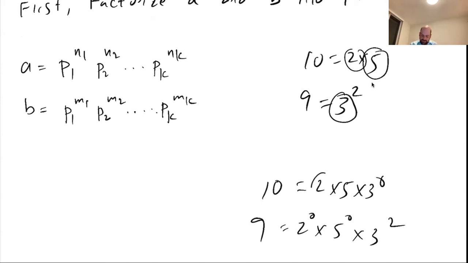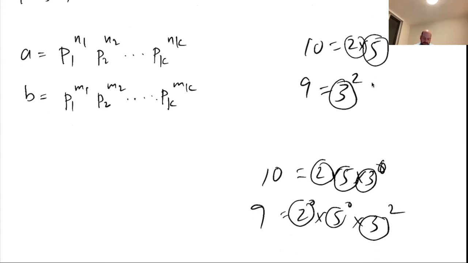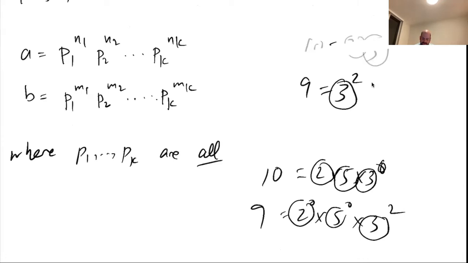Right? Now see these numbers, 253, 253. I can write it in this form because I allow power 0 for my prime numbers. Okay, so here I have to mention that where P1 to Pk are all prime numbers, right?